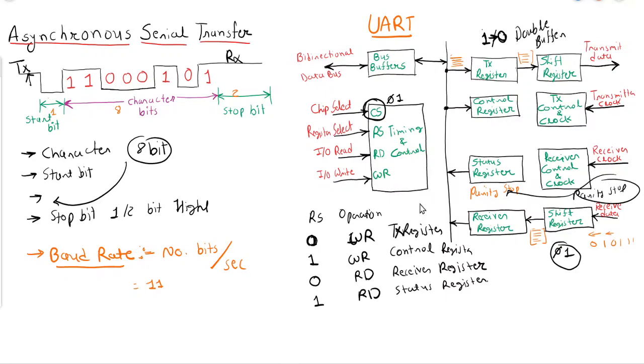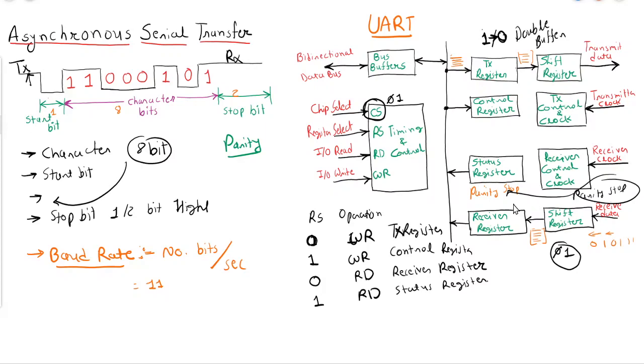Based on this status register, there can be three types of error. The first error is parity error. Parity error means the total number of 1s in, let's say, that 11-bit frame is even or odd.